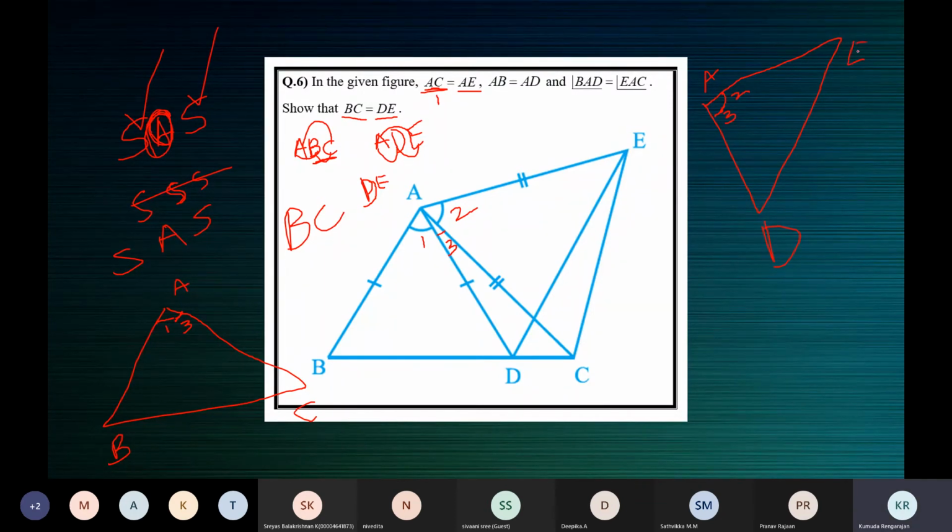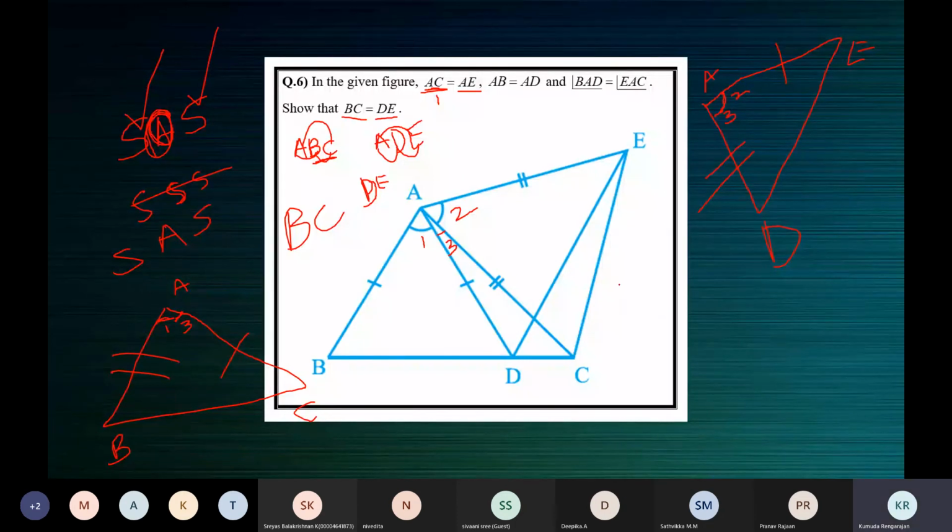We have mentioned AC is equal to AE, then AB is equal to AD. This is given. So which is the included angle? A only is the included angle. Angle 1 is equal to angle 2.